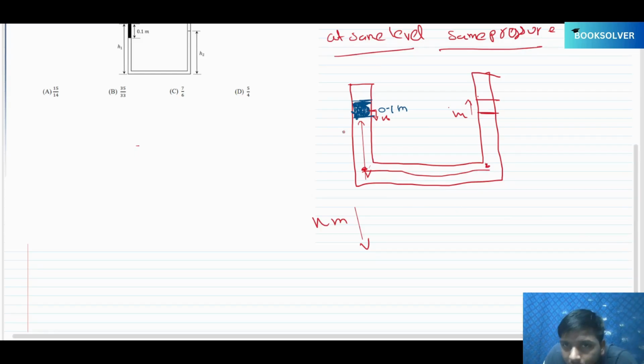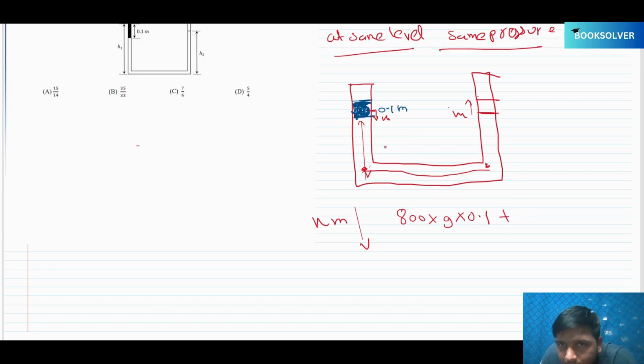Now let's write the pressure equation, ρgh. For kerosene, the density is 800, gravity is the same for both, and its height is given as 0.1. For water it is 1000 times g, and since it has gone x meters down, the height is 0.29 minus x.